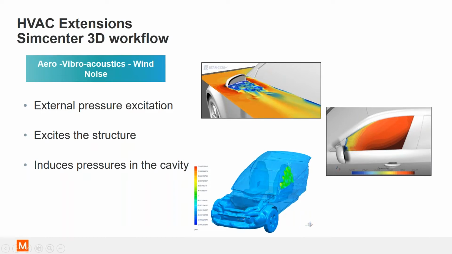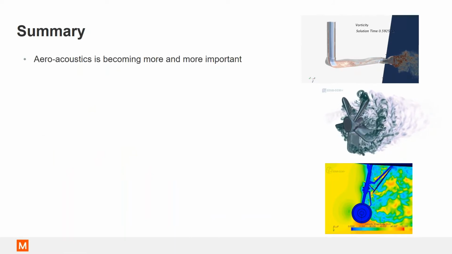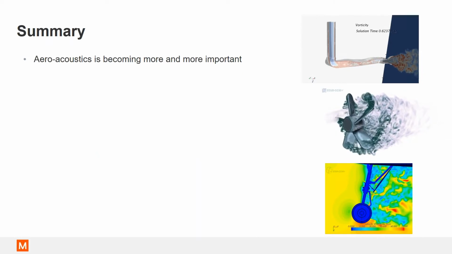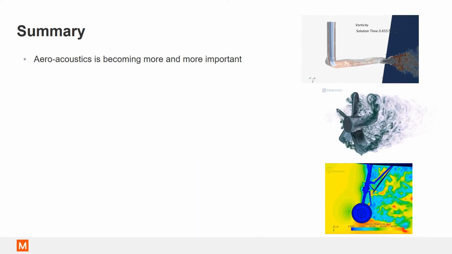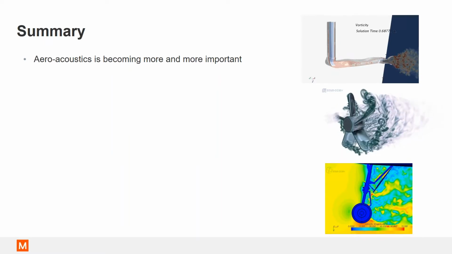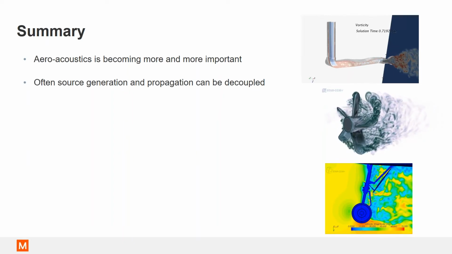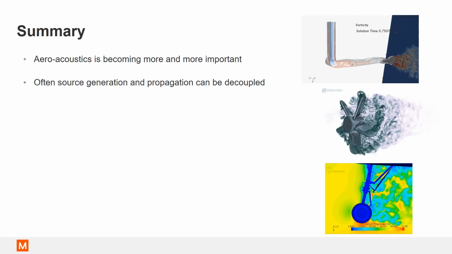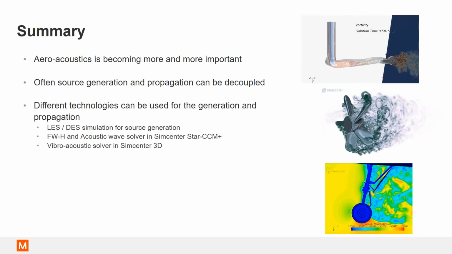So quickly going through the summary of what I just showed today, we can understand aeroacoustics as it's becoming more and more important, especially with electric vehicles, where side view mirror noise is louder than that of the powertrain. Then you also need to be able to decouple the source term as well as the propagation to make it more computationally effective, which is pretty much possible with the given workflow that I showed today.